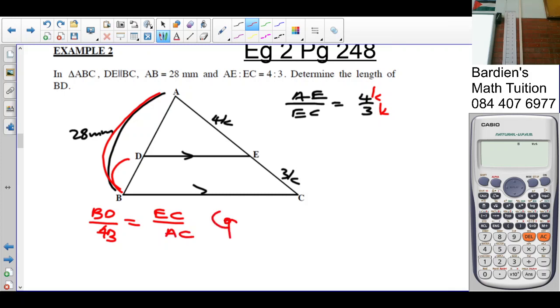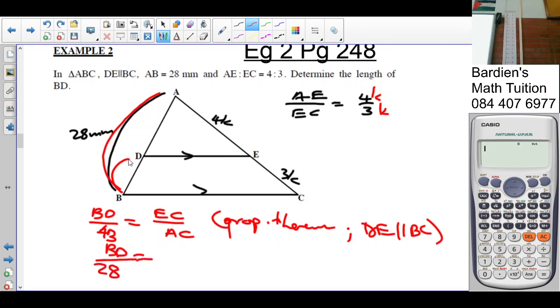And the reason there is the proportionality theorem. We name the parallel lines: DE is parallel to BC. So BD over AB, which is 28, equals EC, which is 3K, over AC, which is the whole length, 7K.